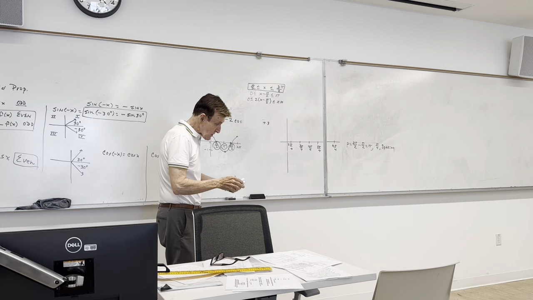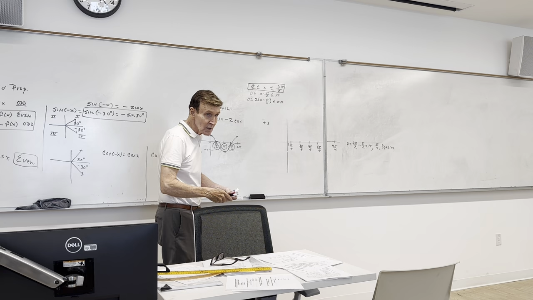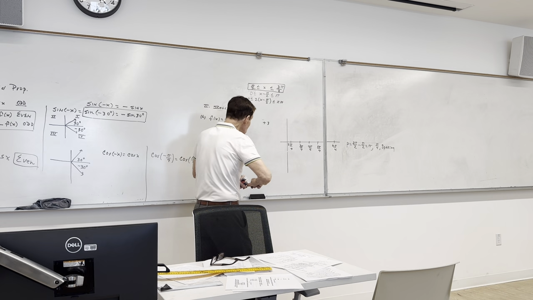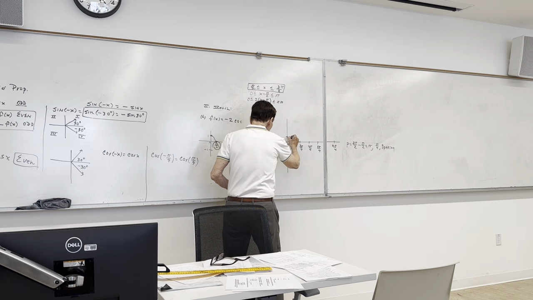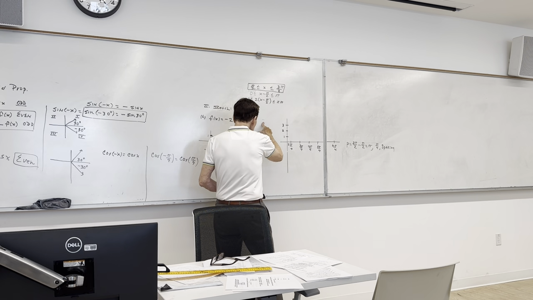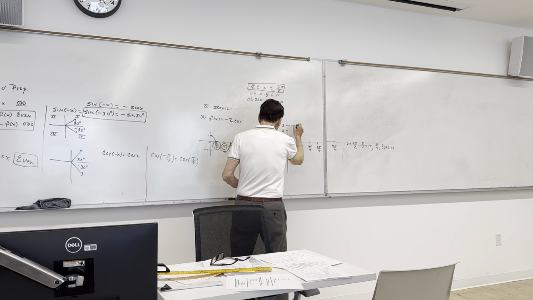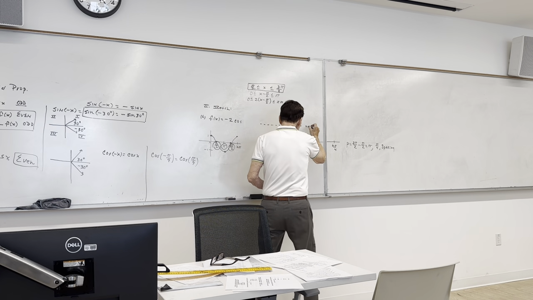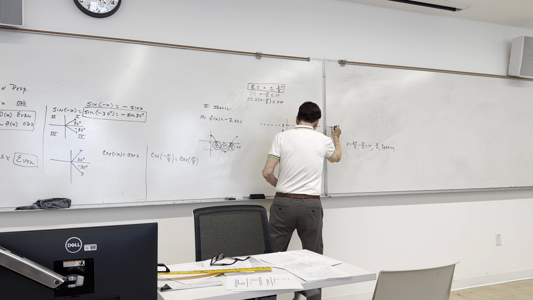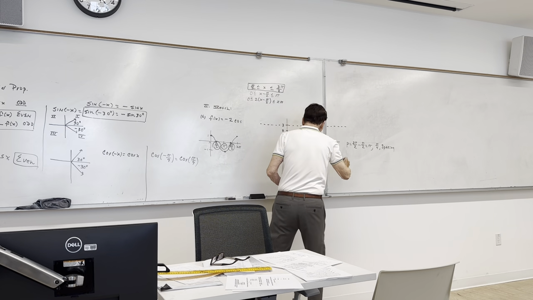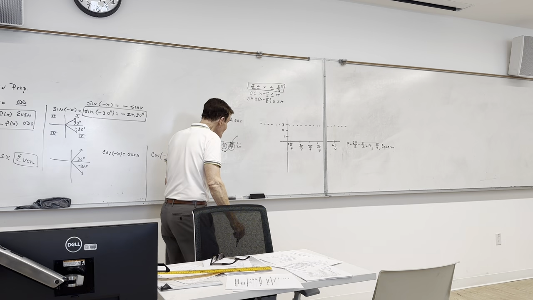Guys, I would suggest you get that vertical shift out of the way first. A vertical shift of how much? 3. So I'm going to go up 3. So up here, this is my new axis. This is not a horizontal asymptote. That's just my new axis.